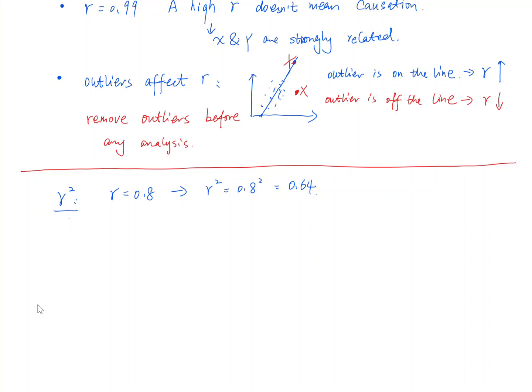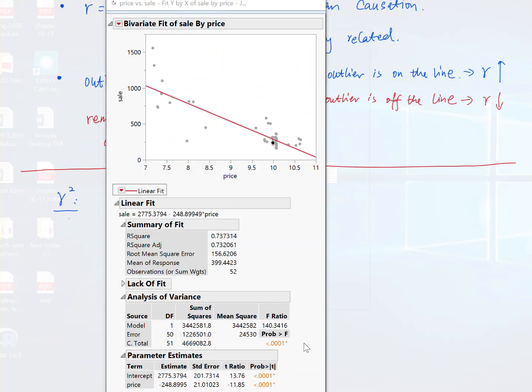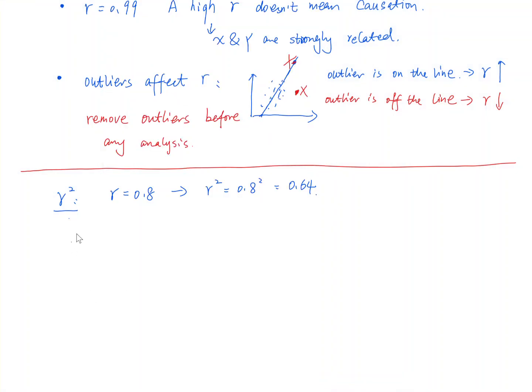But why in the output doesn't it have r, and instead it has R square? Because R square has its own meaning. It's a very important meaning for linear regression.